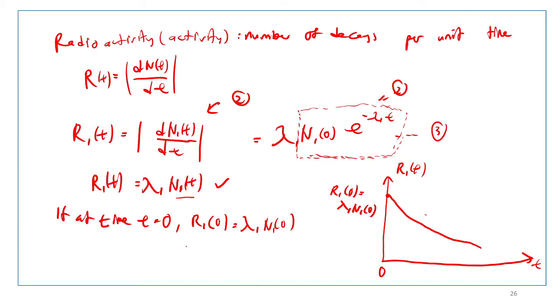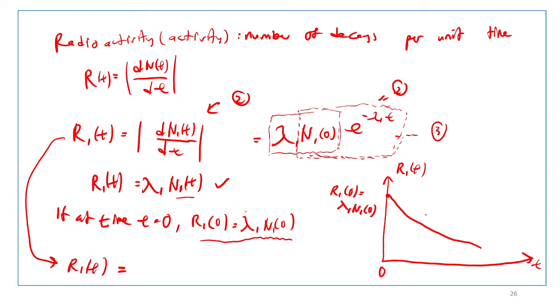Before that, now I remember the thing that I forgot. You see now, R10 is equal to lambda 1 N10. So R1(t) can also be expressed as, now you see this part, that part is exactly equal to this relationship.